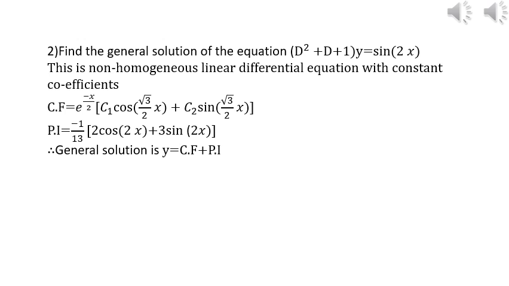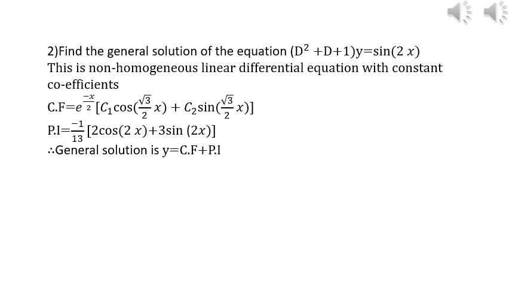Next problem, solve D square plus D plus 1 into y equal to sin 2x. Auxiliary equation: D square plus D plus 1 equal to 0. So it's a quadratic equation. It has two values for D. Using the formula, D is equal to minus 1 plus or minus square root of 1 minus 4, whole divided by 2, which is minus 1 plus or minus i root 3, whole divided by 2.